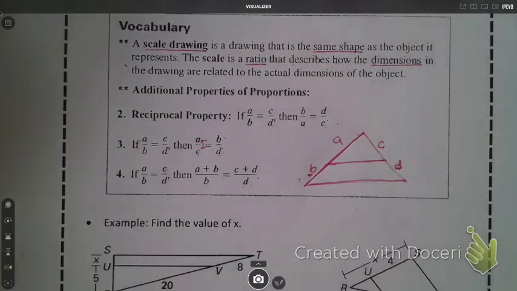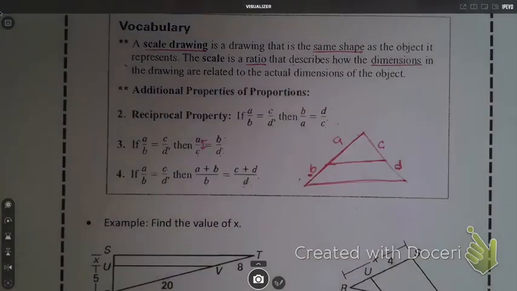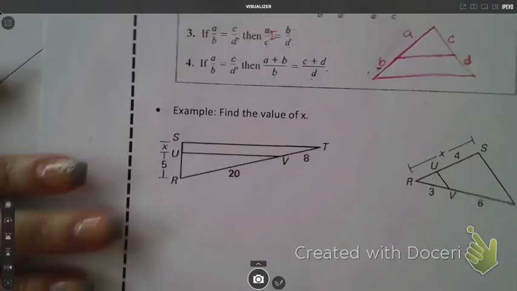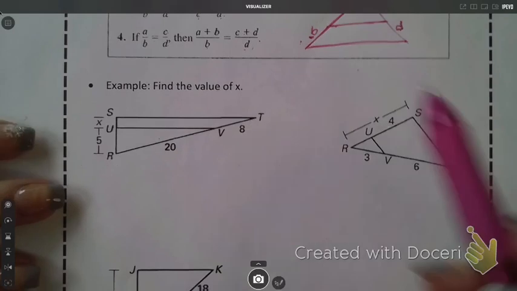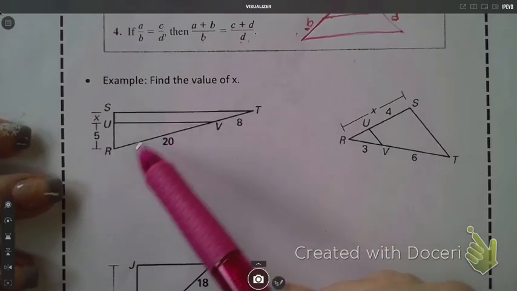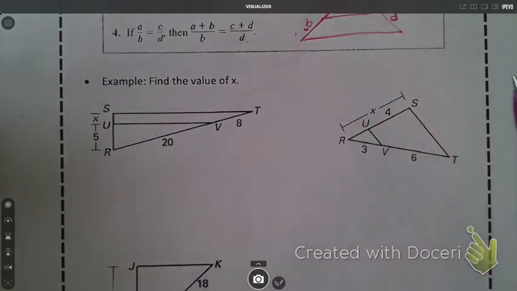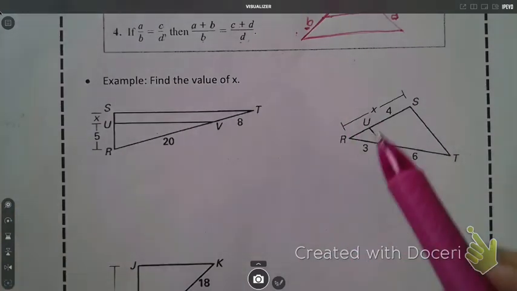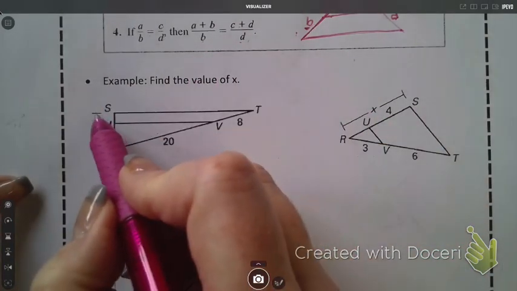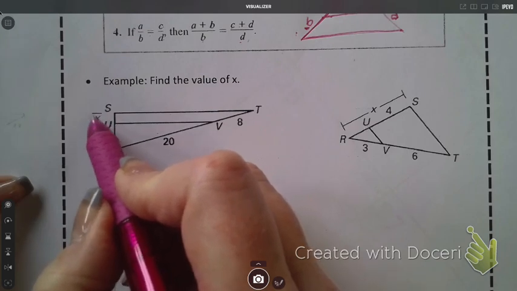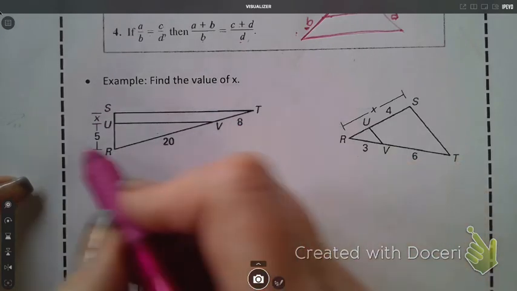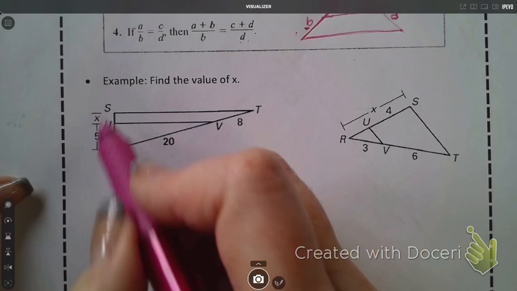Okay, so now we have 3 examples. So we know these 2 triangles are similar because they're one triangle in the other, correct? Okay, so find X. So we're looking for this piece right here. Well, do I have all the other pieces that I need? Yeah. Okay.